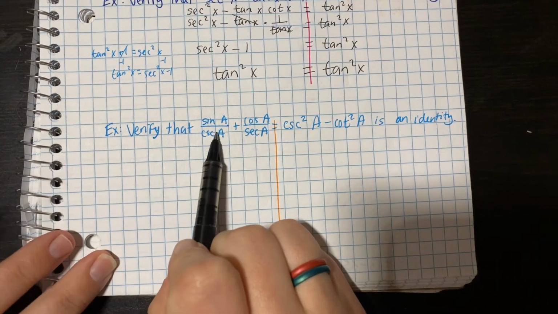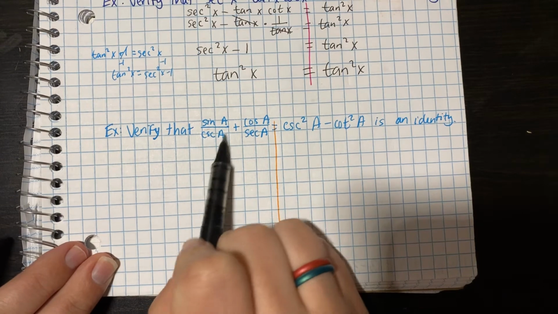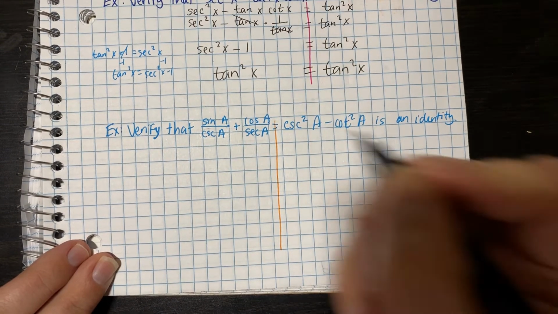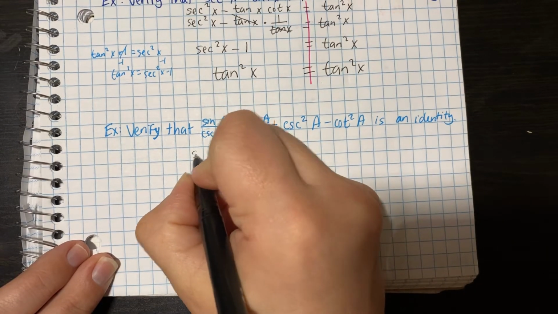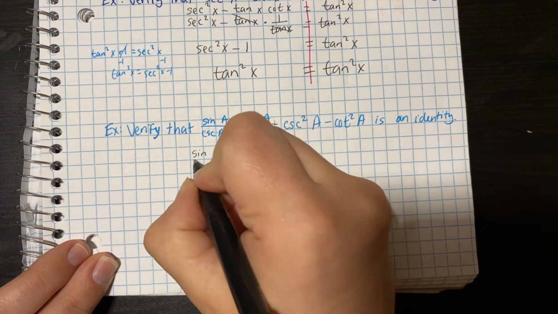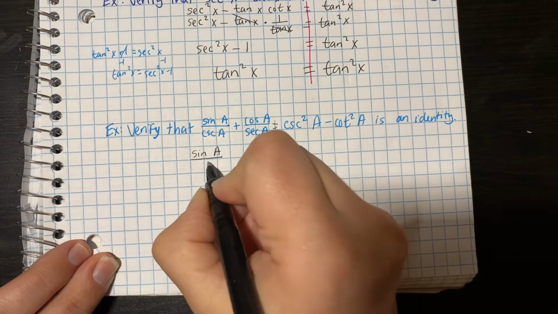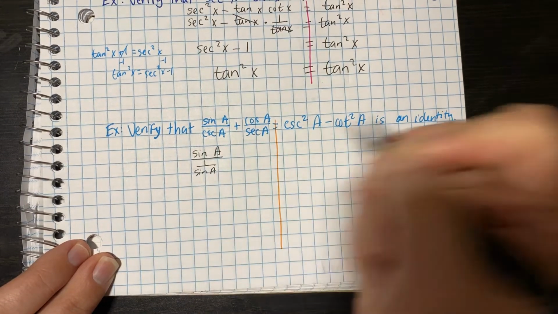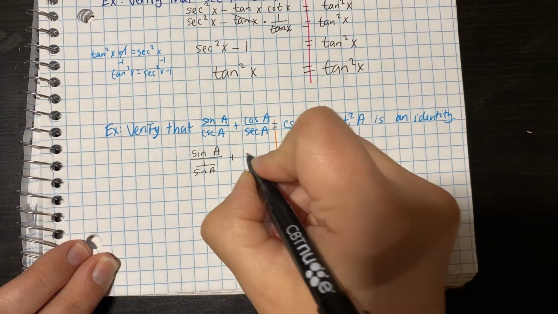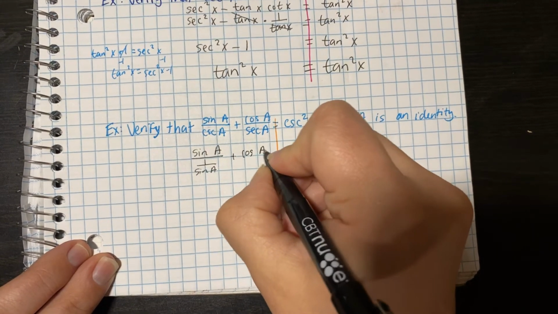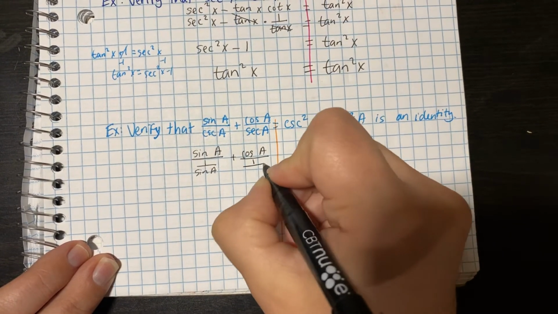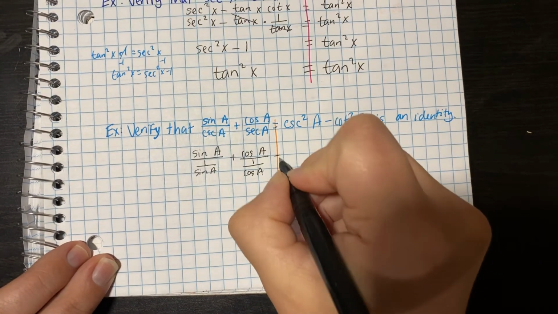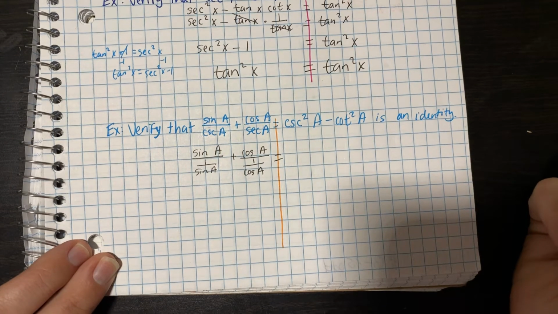So the first thing I'm going to do is look at getting rid of these cosecants and secants to see what happens when I do that. So I have sine of A, cosecant is equal to 1 over sine of A, plus cosine of A, secant is equal to 1 over cosine of A. All right, I want that to be equal to something over here.